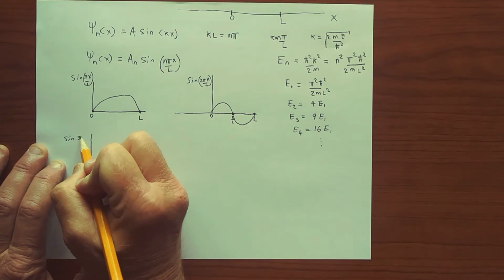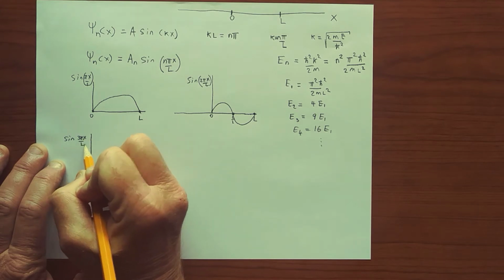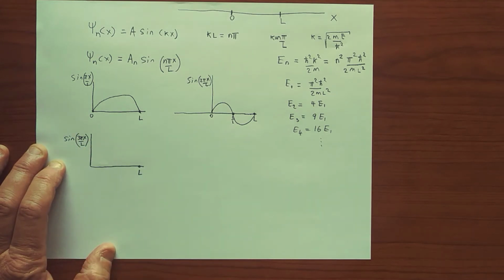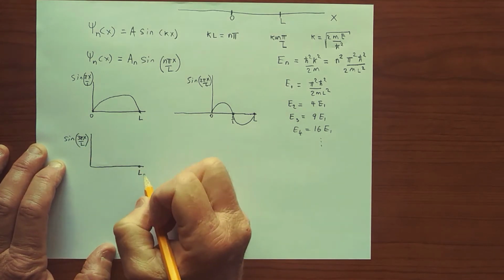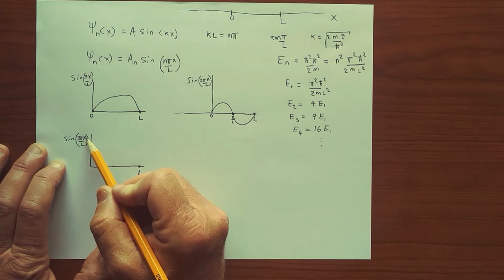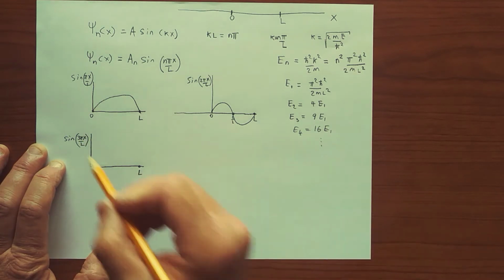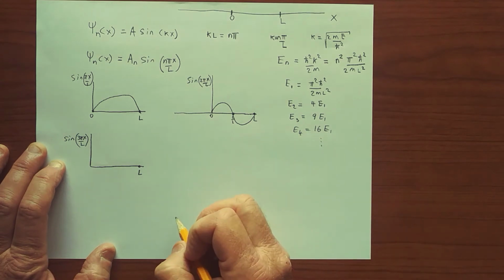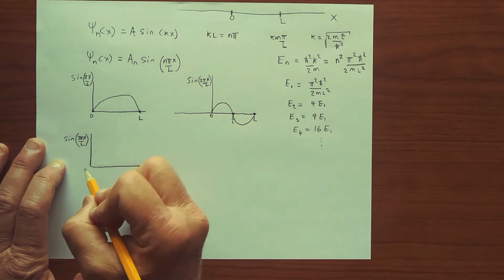This would be 3 pi x over L. Then at x equals L over 3, we have that this is equal to pi in here, and so that's where it goes to 0 the next time.